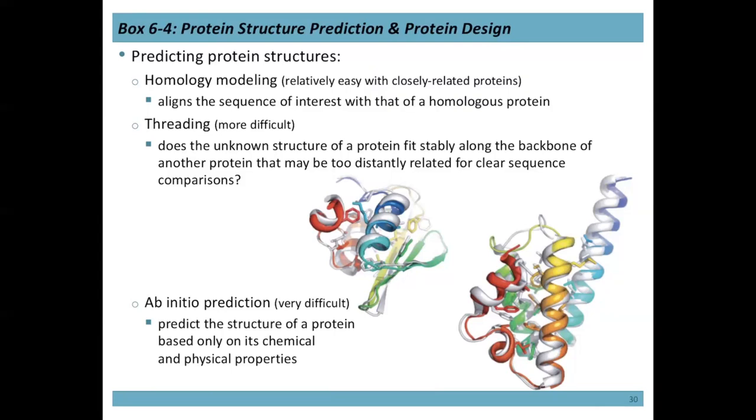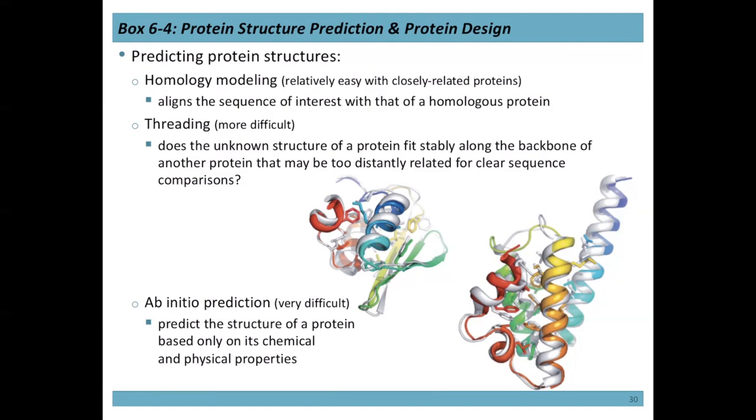So if I took that protein, MACKAYSTEFFENSEN, could I predict the structure that it has? The answer is yes and no. If there is a protein that is closely related to it, I have a really good chance of getting its structure. But there are other ways if it is a completely unknown protein, and those are known as threading.